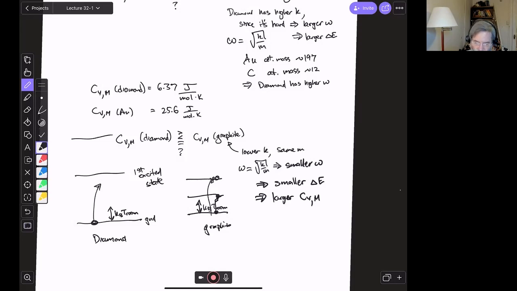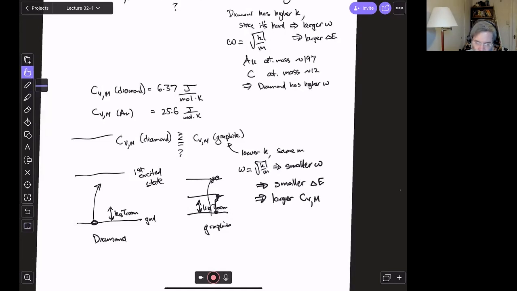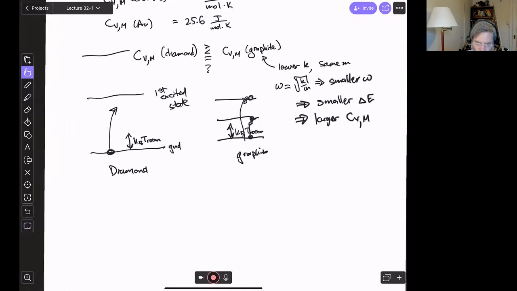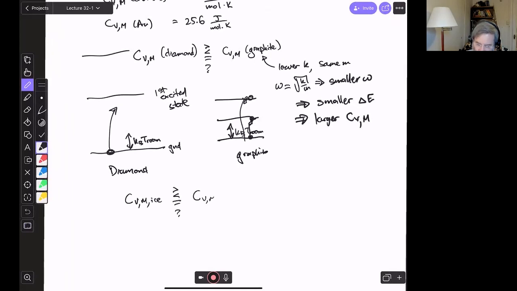Now think about liquid versus solid. And let's think about the molar heat capacity of ice versus water. Now this is a little tricky, right?